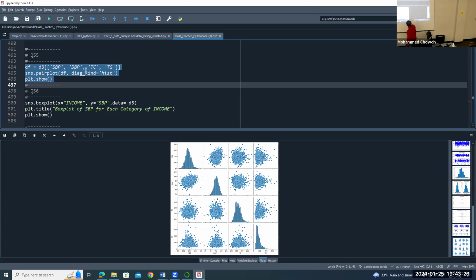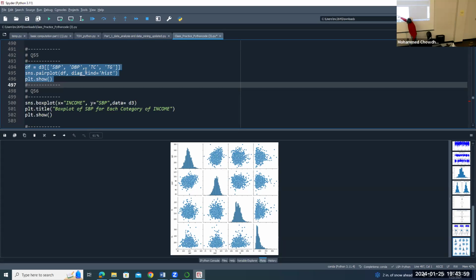So this is called like 4 variables that I have taken in here, SBP, DBP, TC, and TZ. This is the histogram for SBP, DBP, TC, and TZ. And this is the dot plot for the 2 other variables, okay? So, for example, this is the dot plot for SBP, and third one is what? TC. This is the dot plot for SBP and TZ, okay?